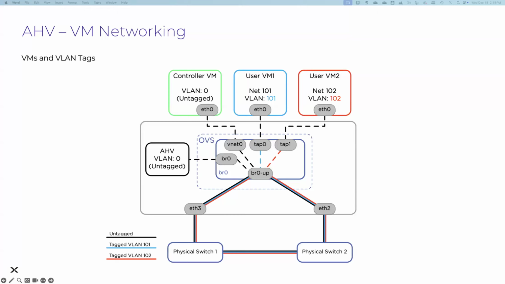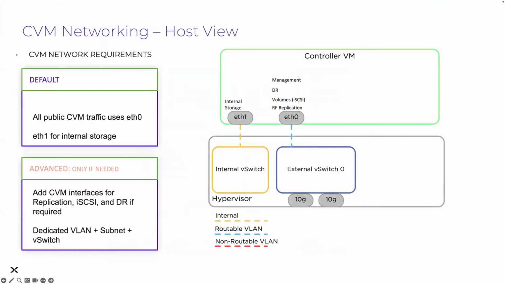Most of our VM traffic and storage will go through the OVS and VM kernel. With the release of 5.10, in version 5, we can have a separate network for RDMA traffic.